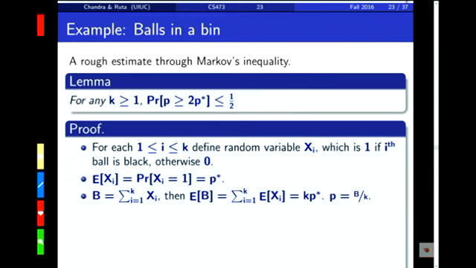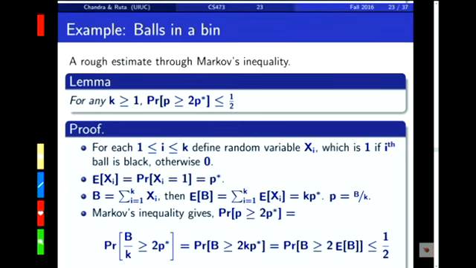So that is exactly k times P star because I'm summing up k expectations. Right? And recall that P was B over K. This is what I'm going to output. Okay? So now I want to compute this probability.